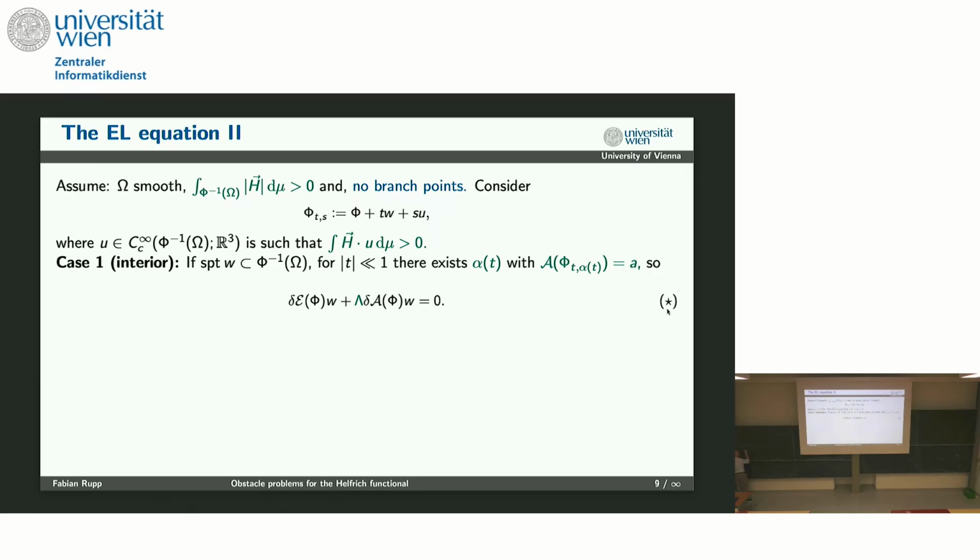This gives me some surface, which may touch the boundary or may not touch the boundary. This is the situation. Now in the first case, I'm looking at a neighborhood here where I can vary freely in the W direction. So if W is supported here, I don't need to take the obstacle into account.